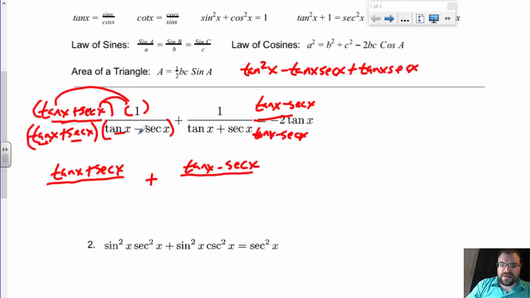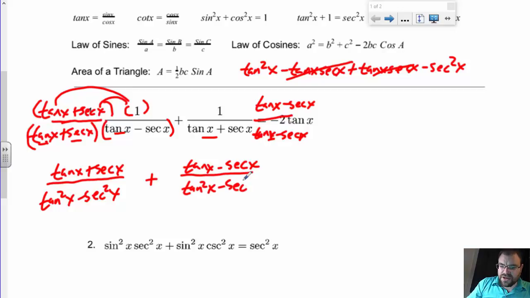And then secant times negative secant is negative secant squared x. The negative tangent secant and the positive tangent secant cross out. So what I get is tangent squared x minus secant squared x. That's what this times this is. These are the same things over here, so I'm going to get the same thing on the bottom.